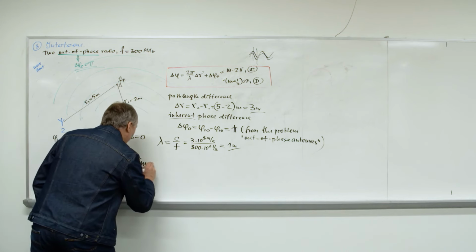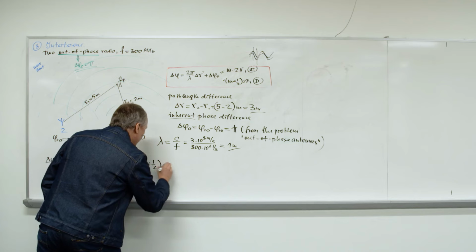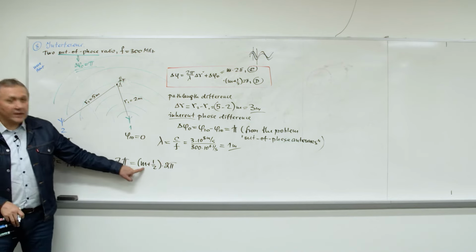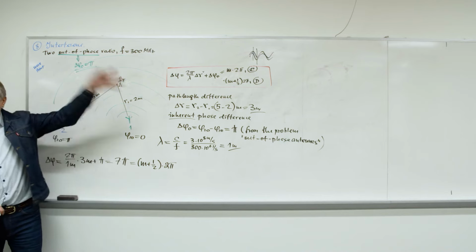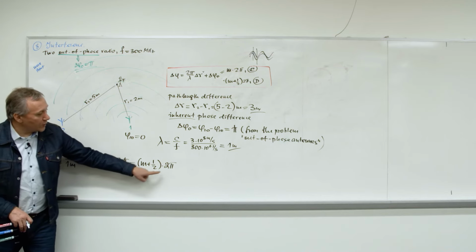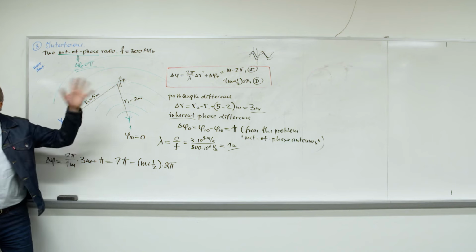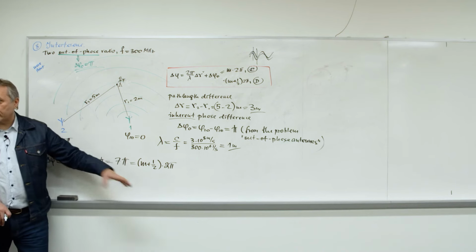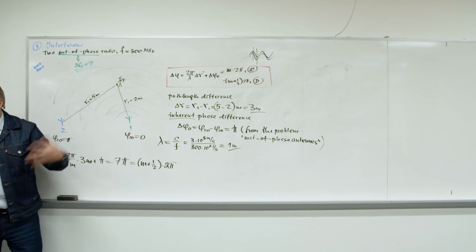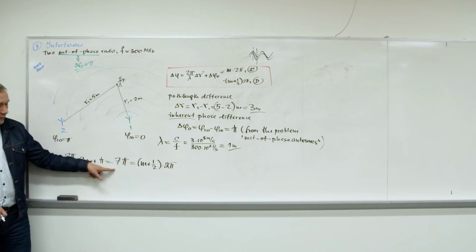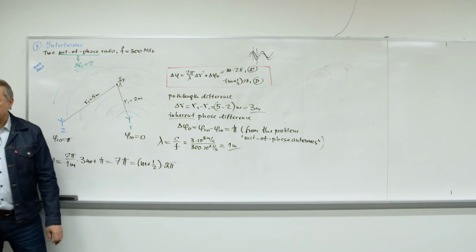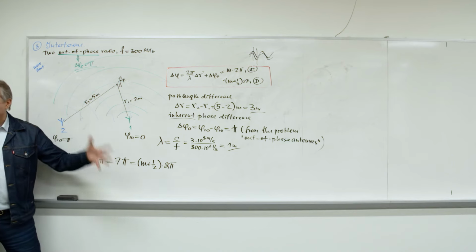So m plus 1 over 2 times 2 pi. Okay, so let's start checking. Again, m is an integer from 0 to infinity. M equals 0, so it will be 1 over 2 times 2 pi, pi, not our case. M equals 1, 1 plus 1 over 2, 3 over 2. It gives us 3 pi. Not enough. We need to go more. M equals 2, so it's 2 plus 1 over 2, 5 over 2 times 2 pi, so it's a 5 pi.